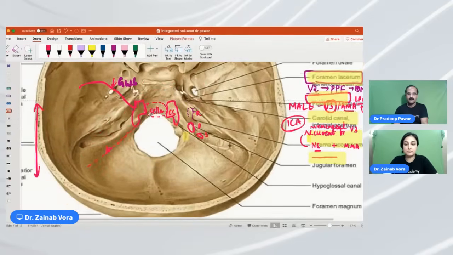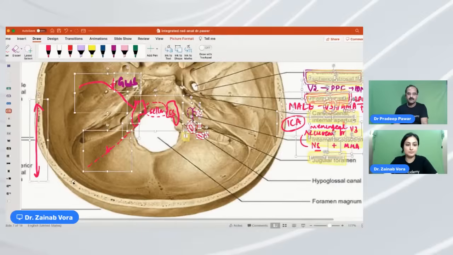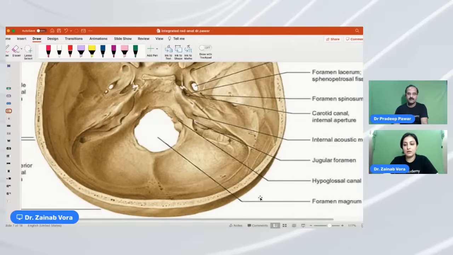Okay. So coming to the posterior cranial fossa, right? It extends from the petrous part of the temporal bone to the occipital bone behind, right? So petrous part on either side to the occipital bone behind. Right. Okay, so now you tell me, what lies in this petrous part of the temporal bone?